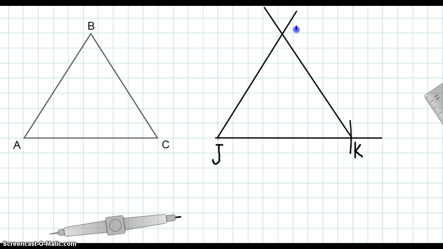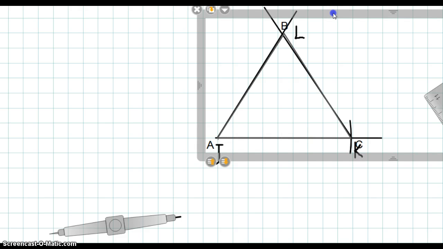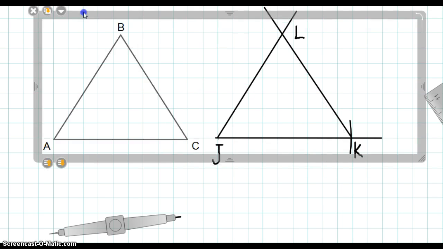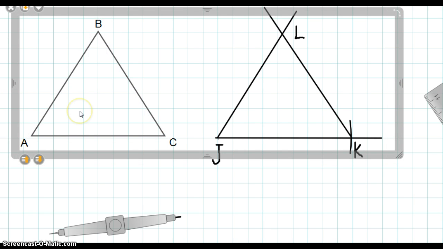Let's call that point L. Now we have triangle JKL, which should be congruent to triangle ABC. Let's check. Let's put those two together, and you can see that they're basically the same. So we can say that triangle ABC and triangle JKL are congruent, and we drew the congruent triangle using the ASA way.